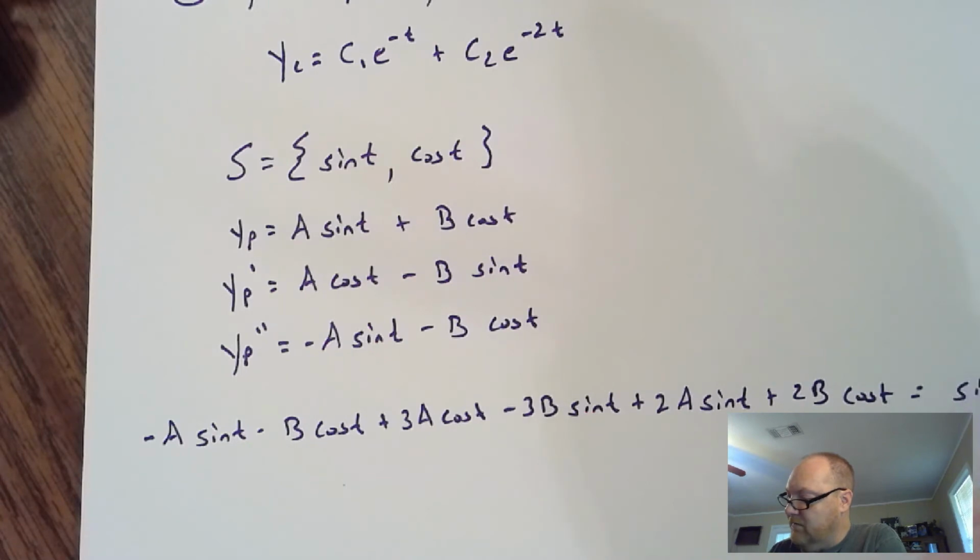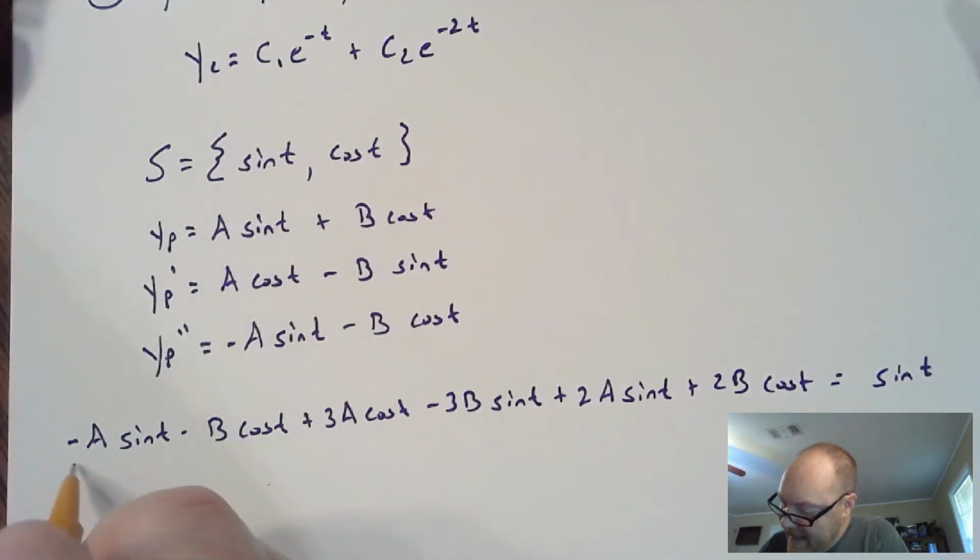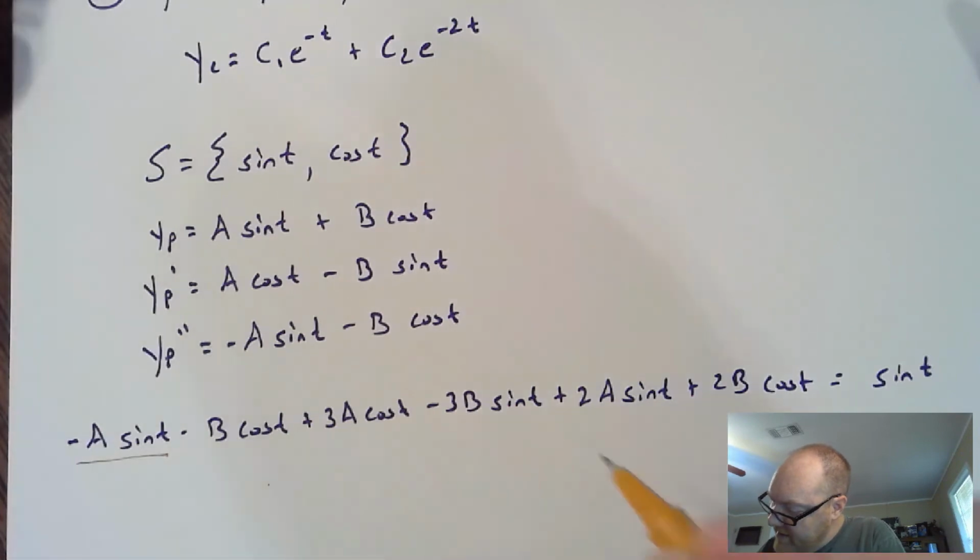And I want all of that to equal the sine of t. And so sometimes we're in luck and some things will cancel themselves out, but absolutely I see some like terms. So I've got an a sine t and another a sine t.